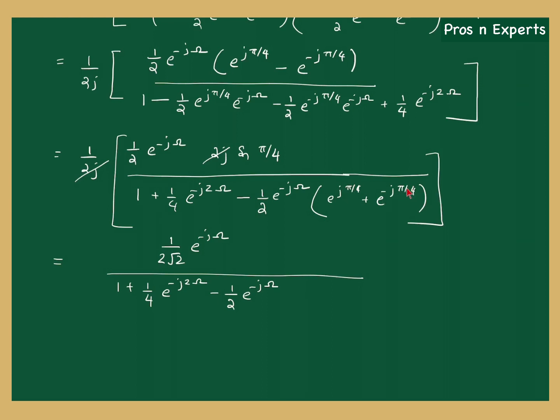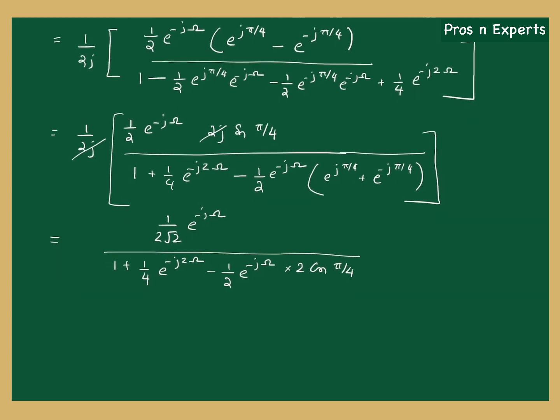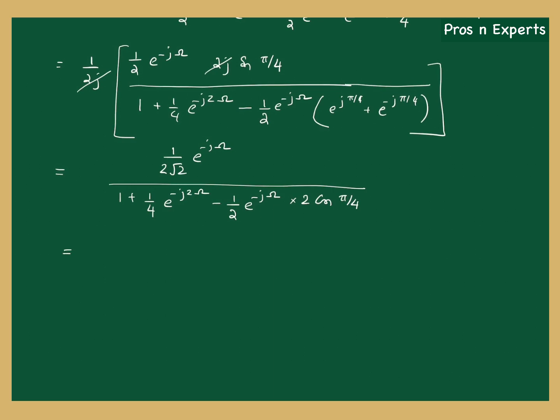That is nothing but 2 cos theta. So here it is 2 cos pi by 4. And that is equal to 1 by 2 root 2 e raised to minus j omega whole divide by 1 plus 1 by 4 e raised to minus j2 omega, minus 1 by 2 e raised to minus j omega into what is cos pi by 4? That is again 1 by root 2, right?